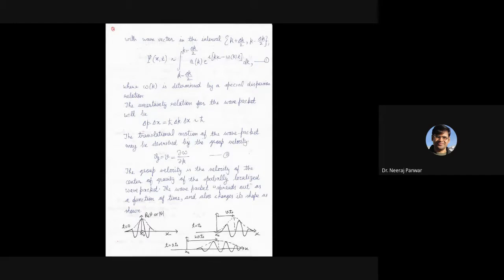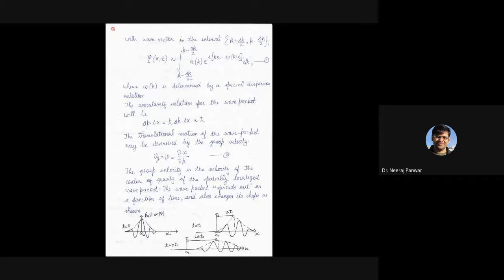When the time elapses, this wave packet moves along the positive x-axis, and when it moves, it will not only spread in space, but it will also move further. After a time t naught, the wave packet looks like this, and it has traveled a distance equal to v into t naught, where v is its group velocity.